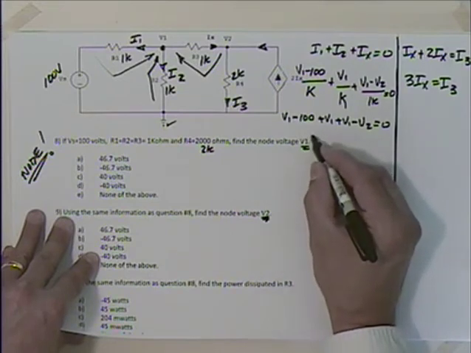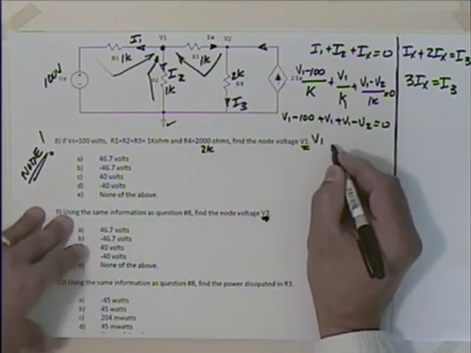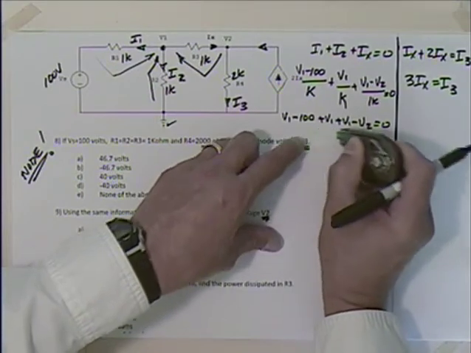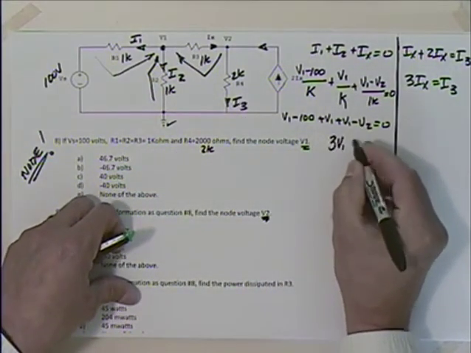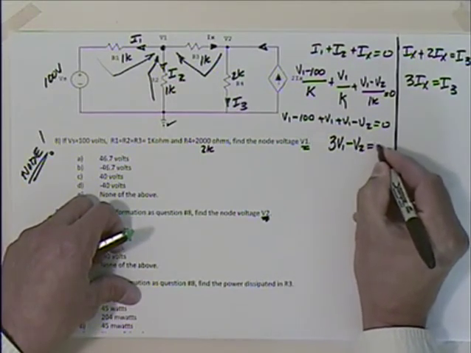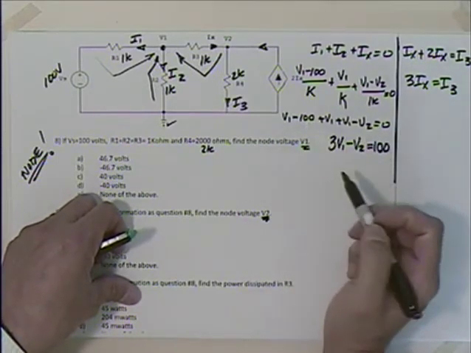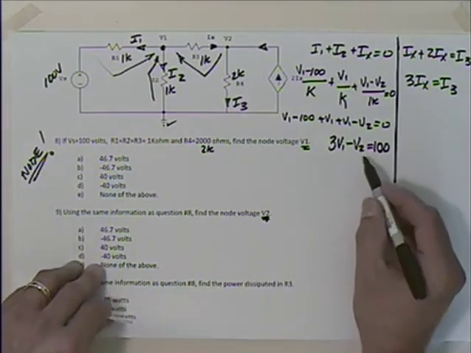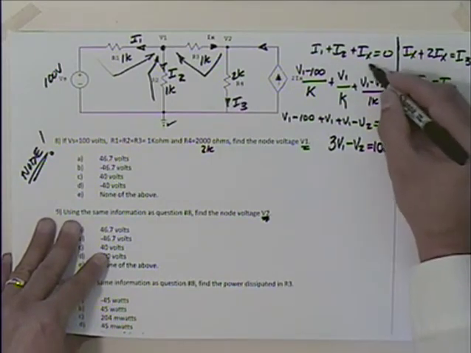So I have V1, how many of those? 1, 2, 3, 3 of those. 3V1 minus V2 is equal to 100, right? 100 goes over there. Yes. Okay. That's an equation. That's a nice equation. The only problem is two unknowns, so I have to work on this. Well, what did we get for Vx? This was Vx, wasn't it?